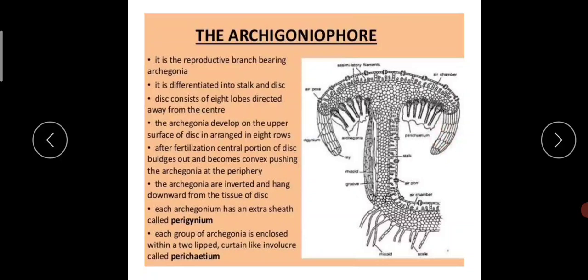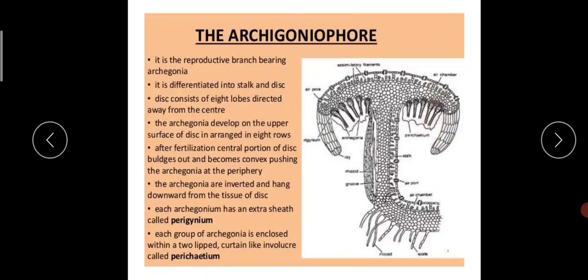So in mature archegoniophores, archegonia lie on the ventral surface. The margin is pushed downwards, and the archegonia which were on the upper surface are now seen on the ventral surface of the disc, and they are inverted also. As you can see here, the necks are directed downwards.